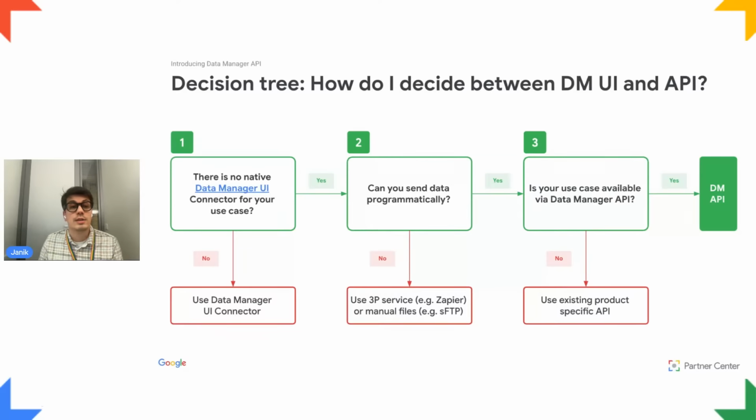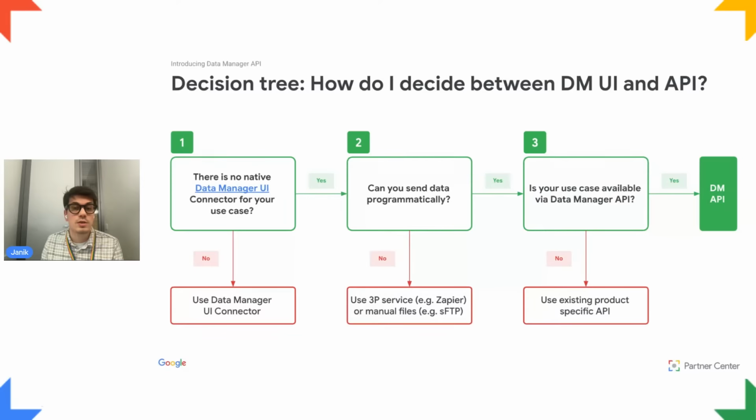However, in case there is no native integration and you can send data programmatically to Google, then you can check if your use case is available via Data Manager API. As I mentioned before, it's at the moment available for Google Ads, audiences, and conversions, and for DV360 also, but only for audiences.